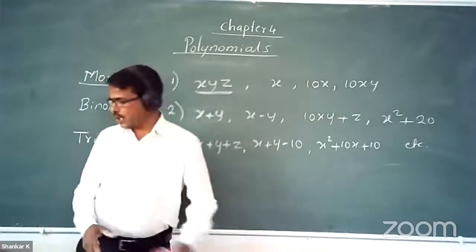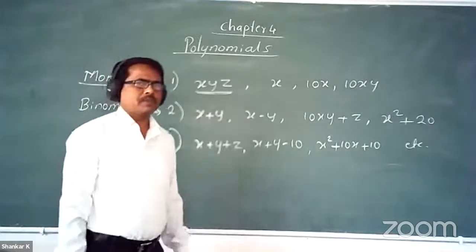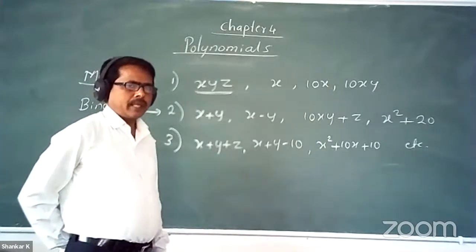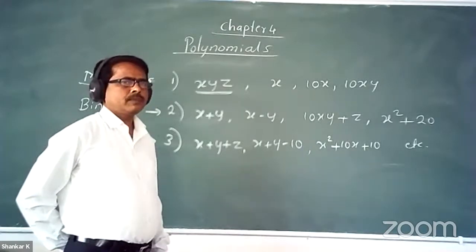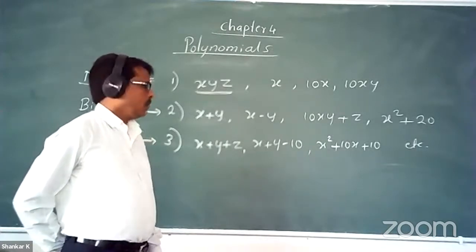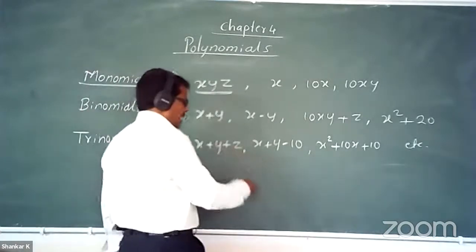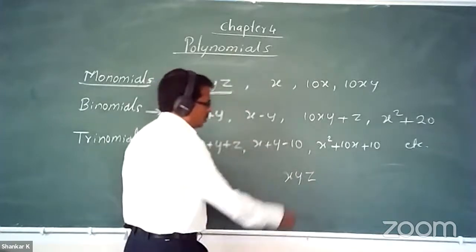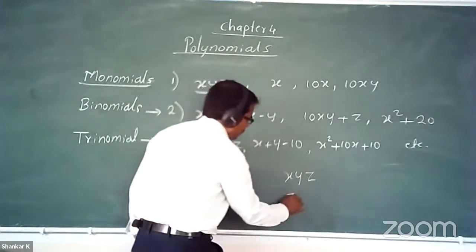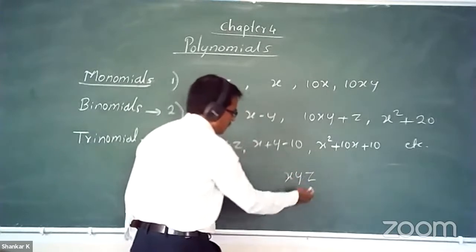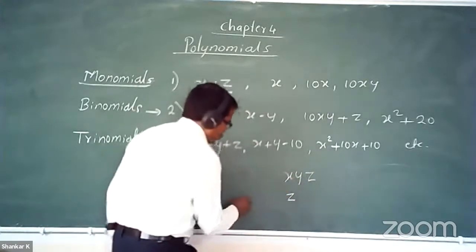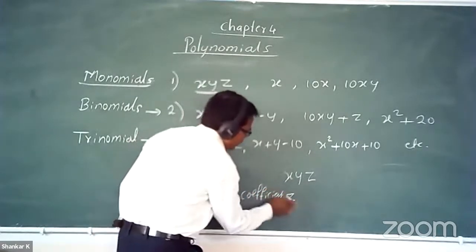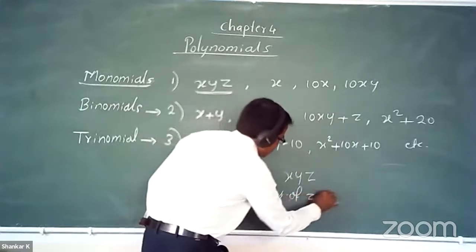Okay. Here I used the word numerical coefficient, which means the number multiplied to the term of the algebraic expression is known as numerical coefficient. For example, if you have xyz, what is the coefficient of z? The remaining part, xy. So coefficient of z is xy.